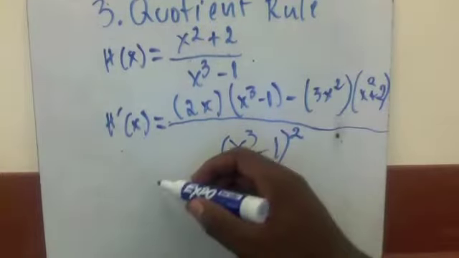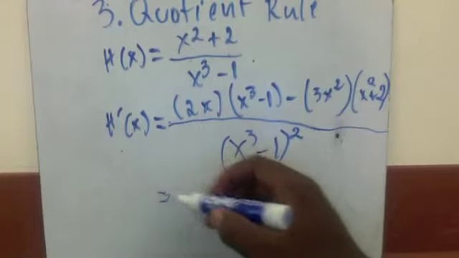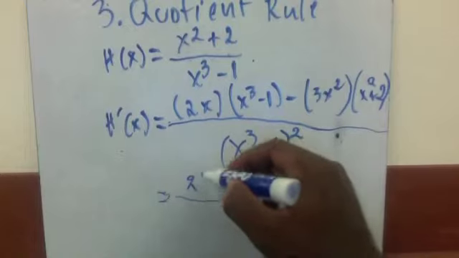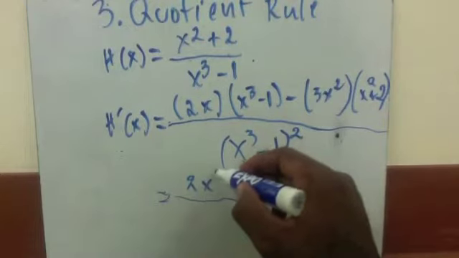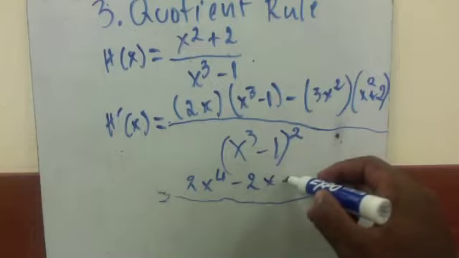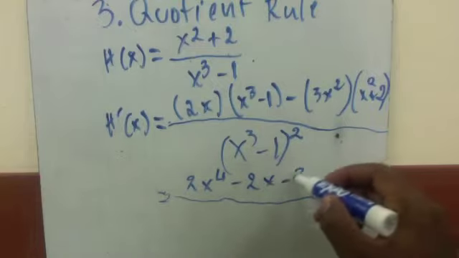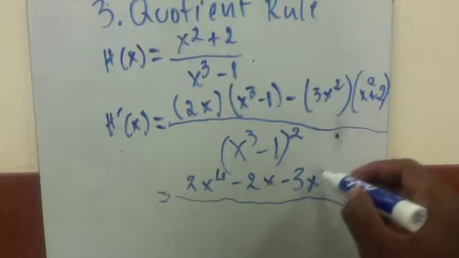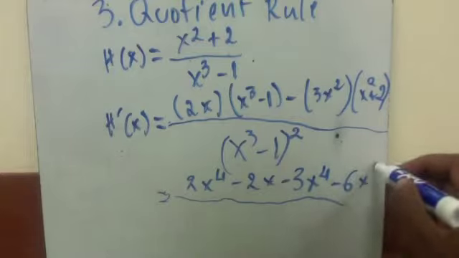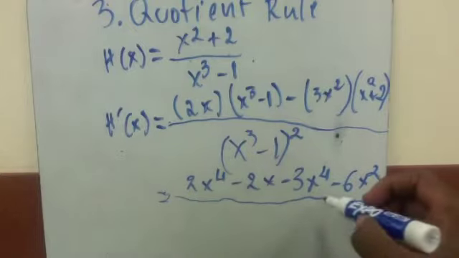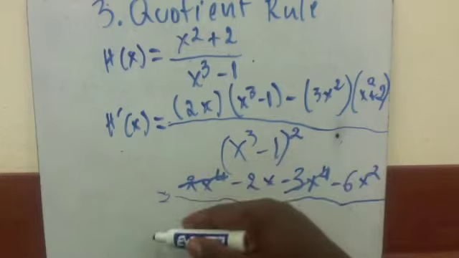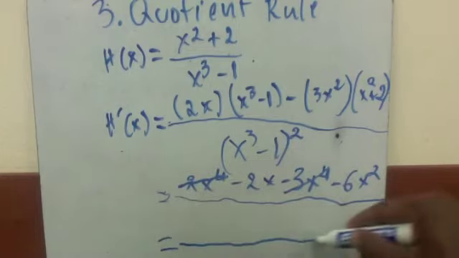So if you simplify that, you basically get 2x to the 4th power minus 2x minus 3x to the 4th power minus 6x squared. You simplify these two because they look alike.